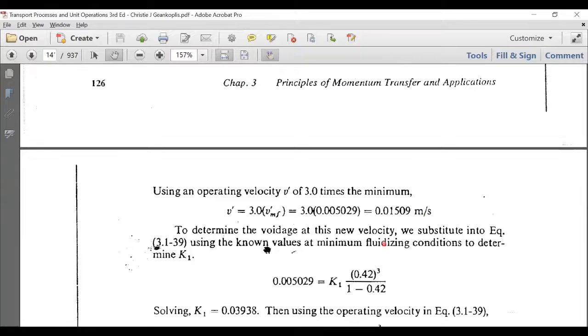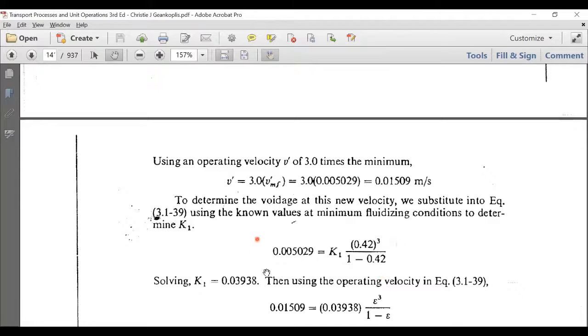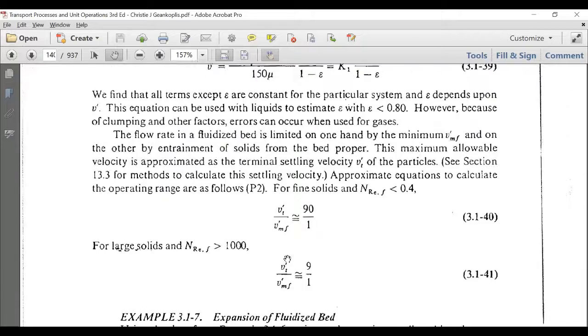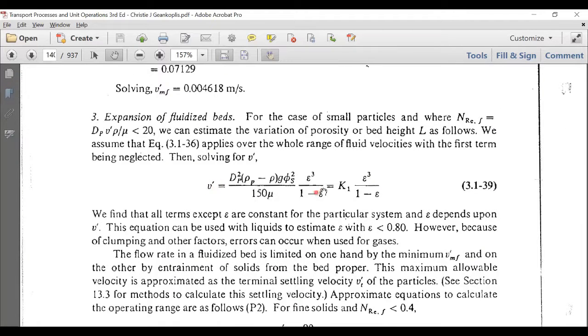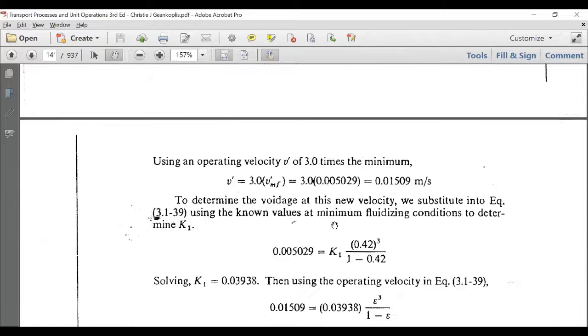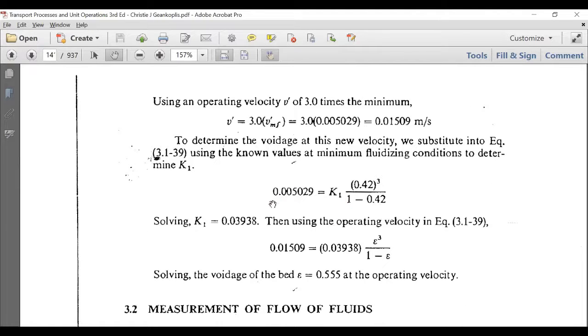Now, to determine the epsilon at this new velocity, we can substitute into equation 3.139. So V equals K1 times epsilon to the power of 3 over 1 minus epsilon, right? For the minimum fluidization, the VMF is this value, 0.005.